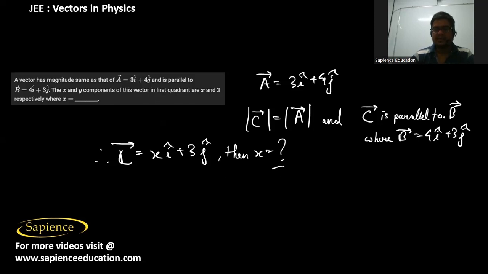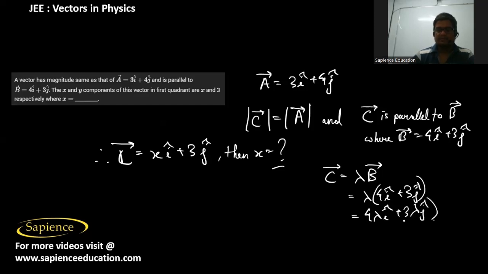So c vector is parallel to vector b, therefore I can say c vector will be lambda times vector b, which is lambda times (4 i cap plus 3 j cap), that is 4 lambda i cap plus 3 lambda j cap. And here you can see that the magnitude of b is the same as the magnitude of a, which is 5.